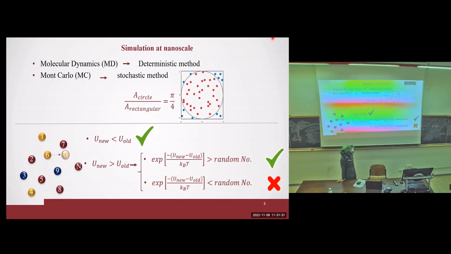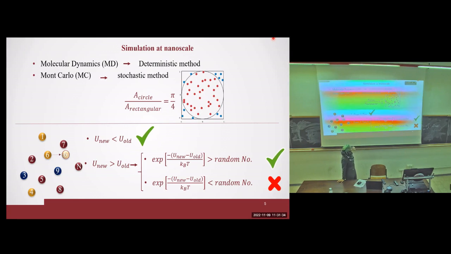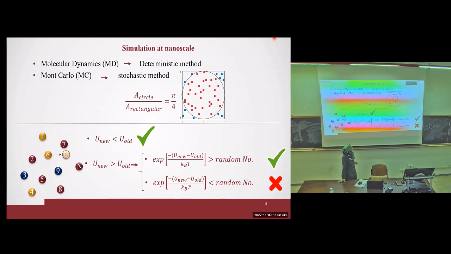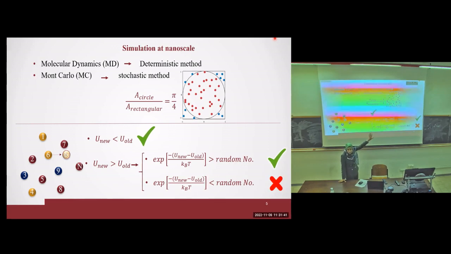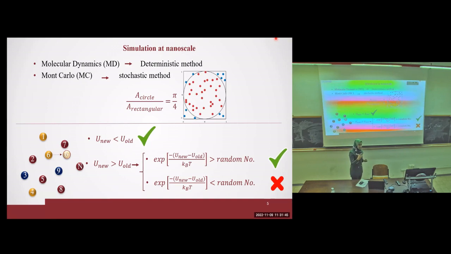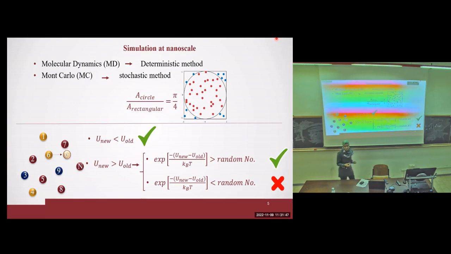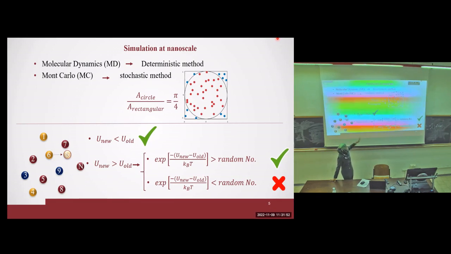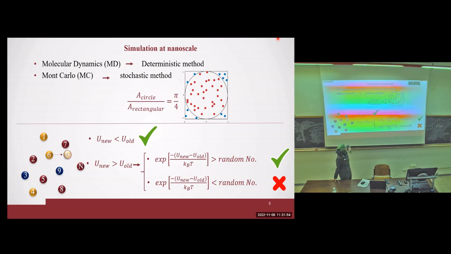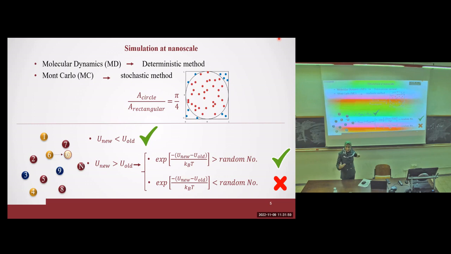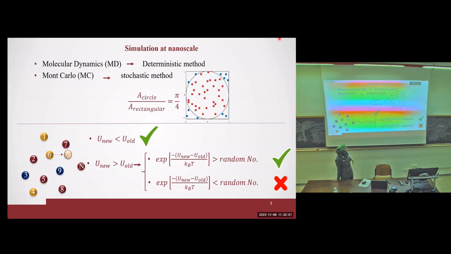If we have a square in which we have a circle, and we drop some points randomly into the square, and then we calculate the ratio of the number of points inside the circle to the total number of points, as we increase the number of these points, the value tends to pi over 4, which is the ratio of the area of the circle to the area of the square. It's quite simple. You can also do it yourself and see that after increasing the number of points, it converges to pi over 4.